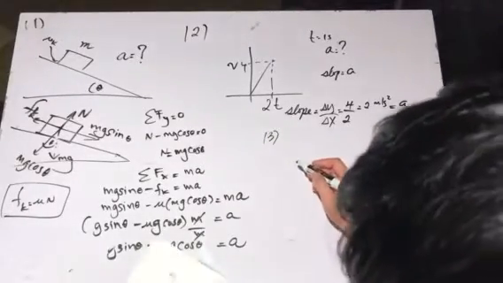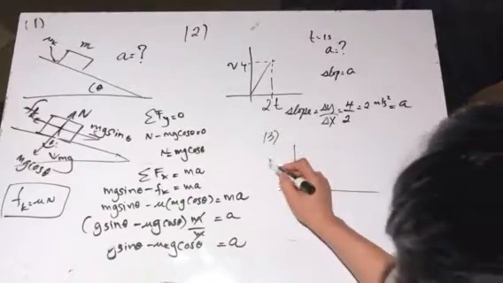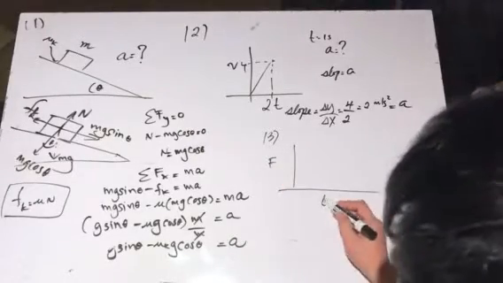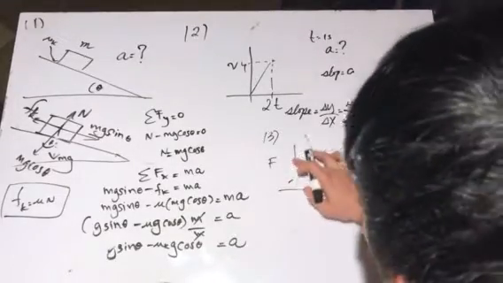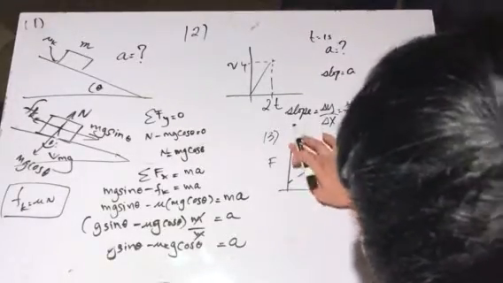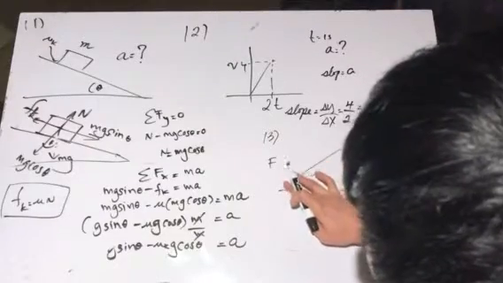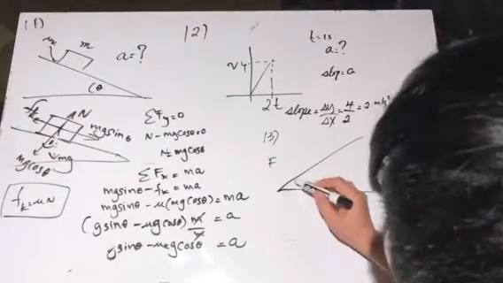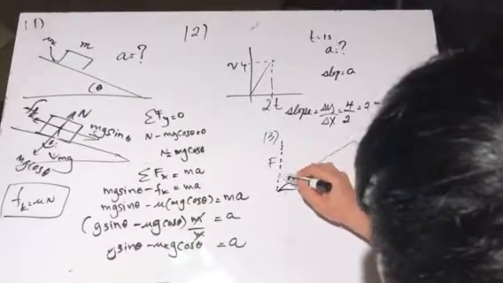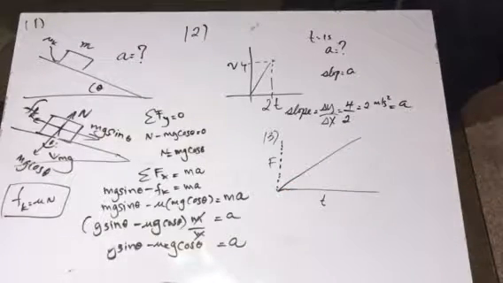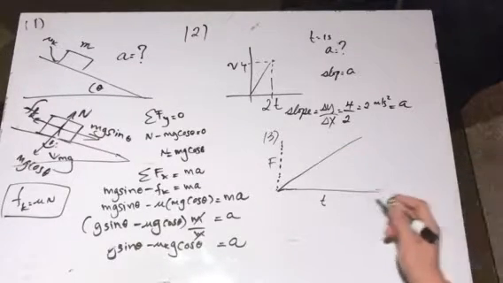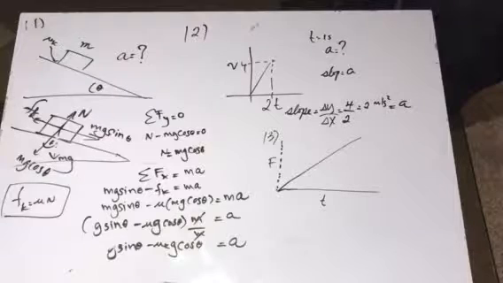So question 13, easy, simple again. You're looking at force times time, which is impulse. Let's look at what it's actually telling you. The force times time, so the area under the curve, is actually the impulse.